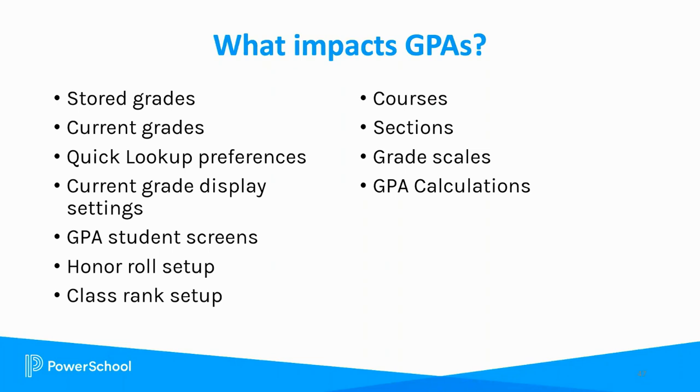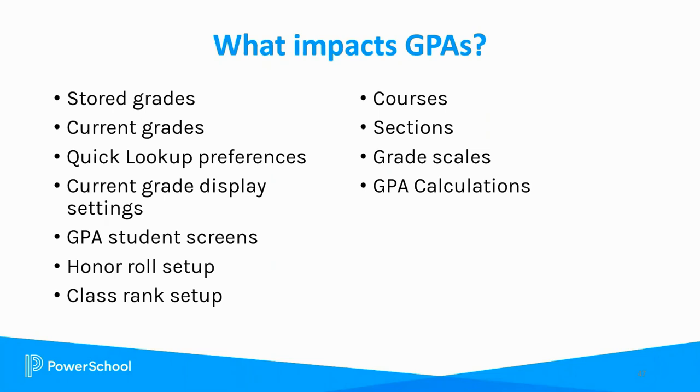Obviously, your current grade display, if you change from quarter one to quarter two, depending on your GPA set, it could change. All this stuff. The courses, what's set to include in GPA, what's not set to include in GPA, your grade scales, all of those different things can change or impact the GPA you're looking at.